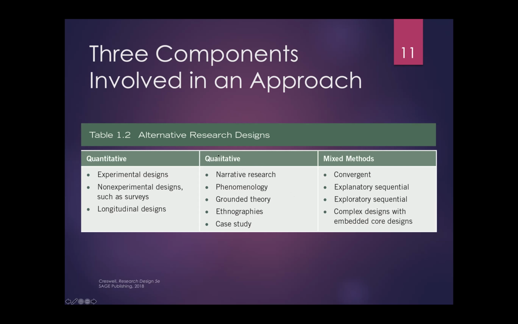But within this, you need to have an understanding of which design. So once you decide on the approach that you're using, and mixed methods, same thing, there are different designs. Once you decide which approach, you need to know, well, which design am I using under that approach?